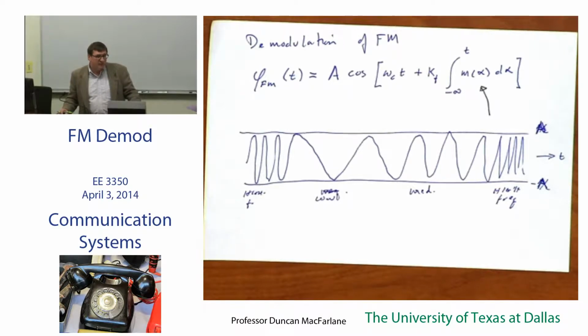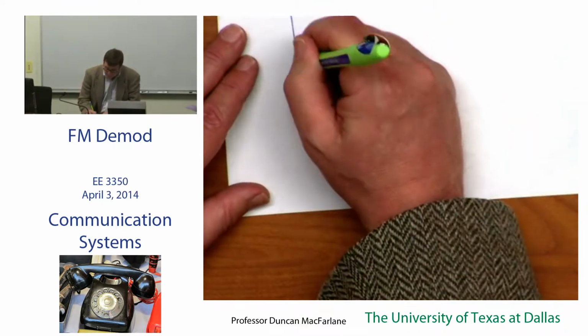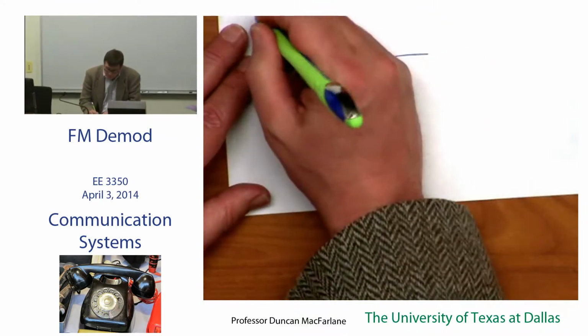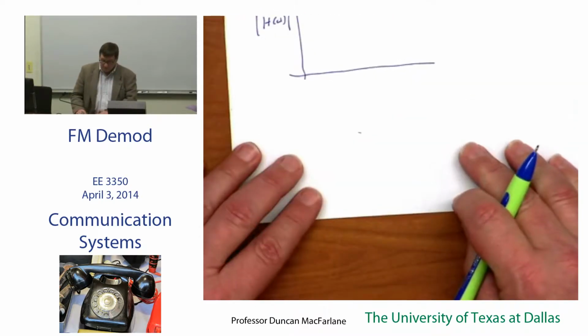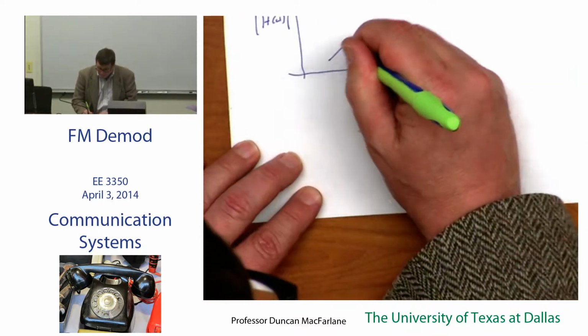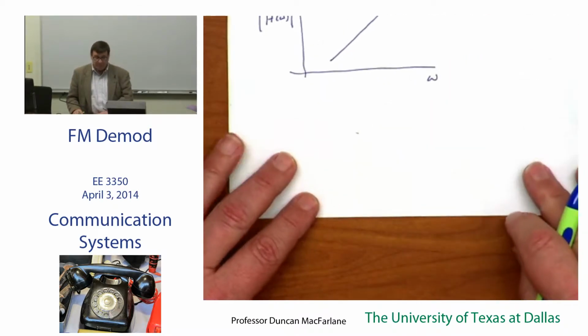In other words, what happens if I go through some sort of a filter that has a frequency response that's not flat across frequency? In other words, supposing I have an H of omega, and I'll just draw it this way, in omega.